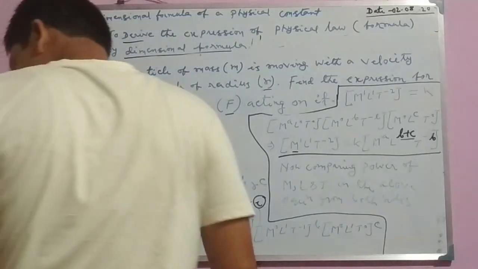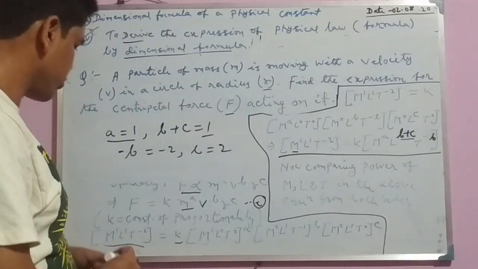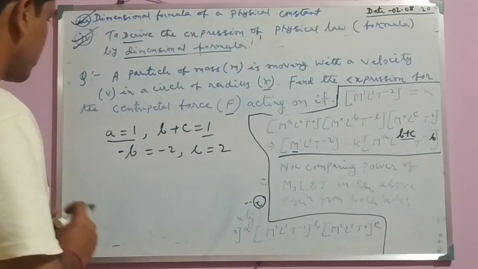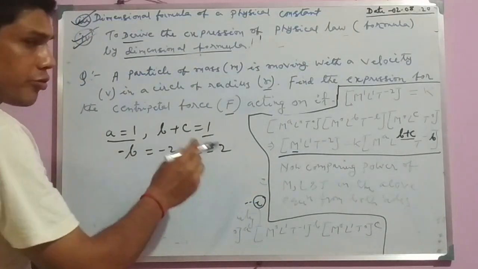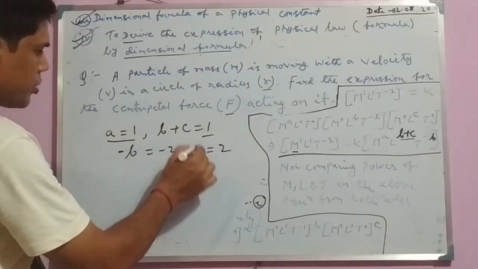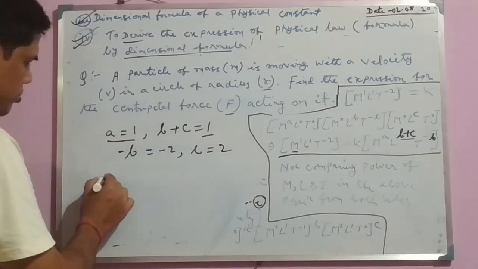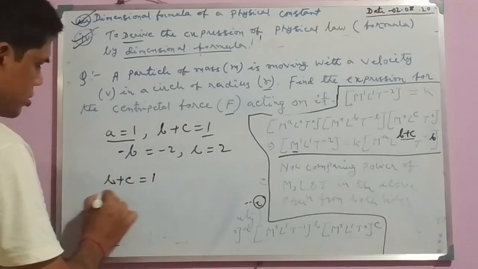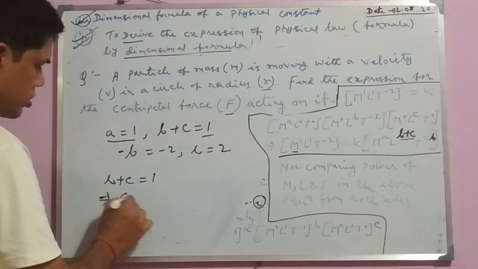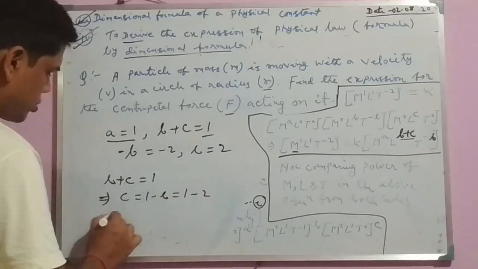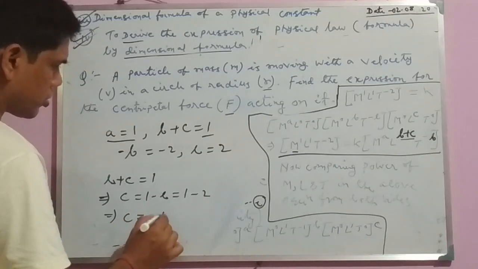In this way we have to proceed to find the values of a, b, c. So b equal to 2. Now putting the value of b in b plus c equal to 1, c equals 1 minus b, which is 1 minus 2, so c equal to minus 1.